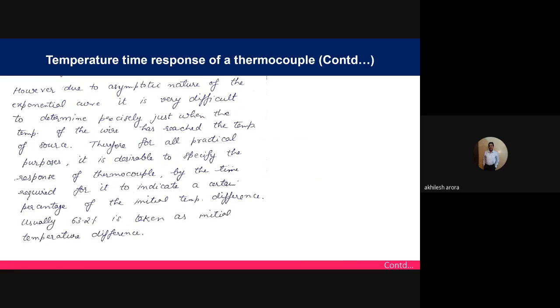Okay, now I will go further. However, due to the asymptotic nature of the exponential curve, it is very difficult to determine precisely just when the temperature of the wire has reached the temperature of the source. We have drawn this curve, and it was something like this.